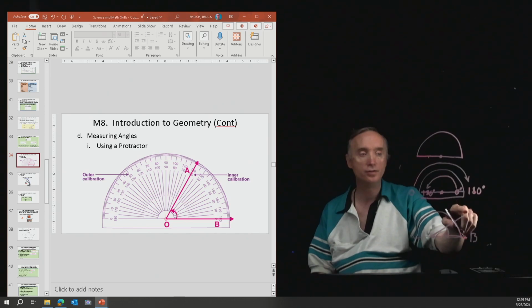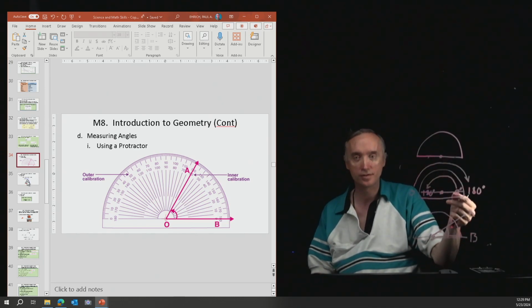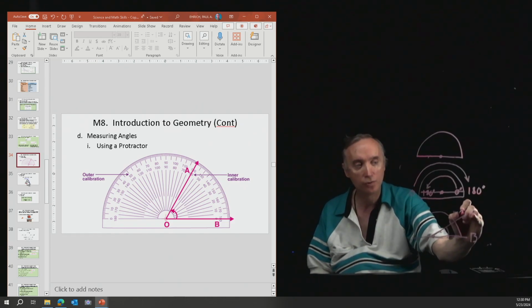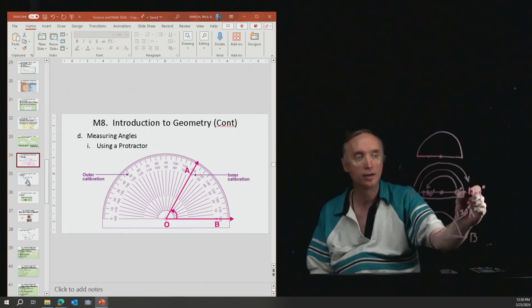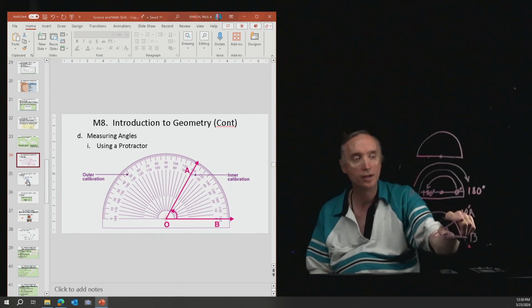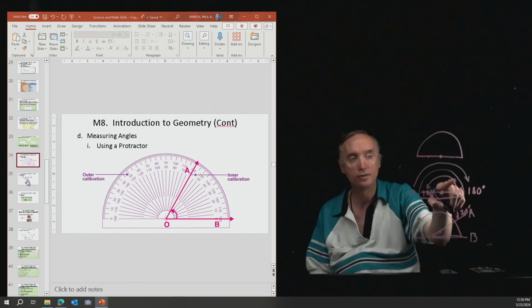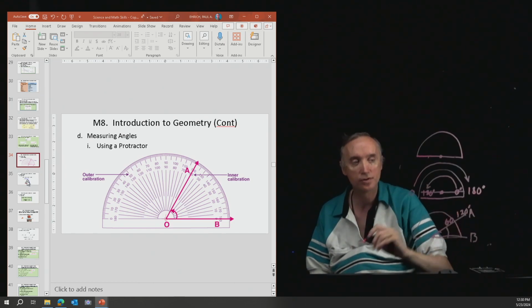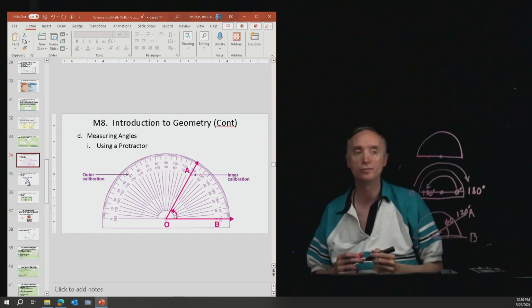If we had used the outer set of numbers, you will notice that it turns out to be 120 degrees. If we use the inner set of numbers, notice that it's going to be 60 degrees. So which number are we going to use?